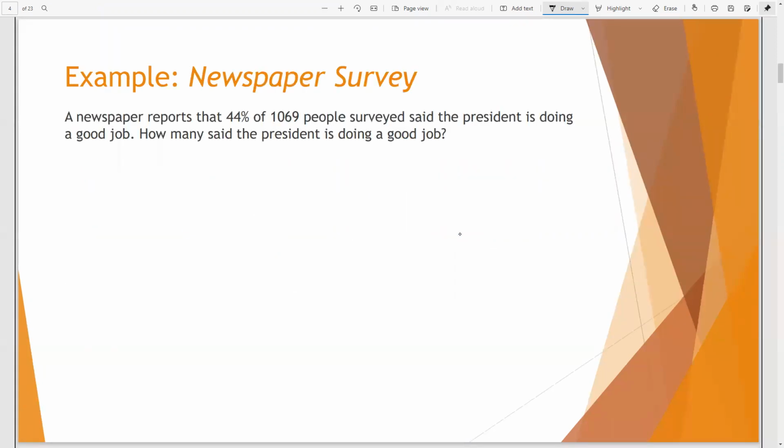All right, let's see some examples about the percentage. The newspaper reports that 44% of 1,069 people surveyed said the president is doing a good job.